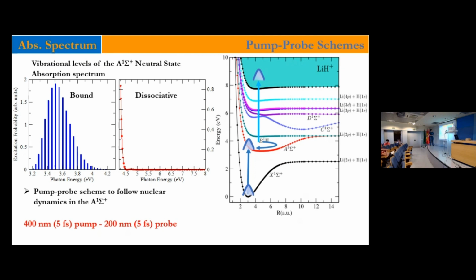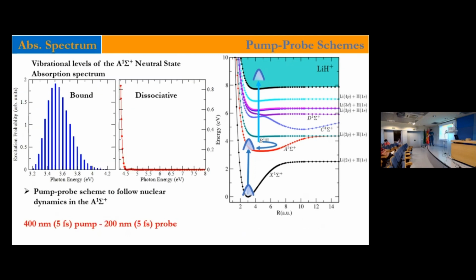So we see that we can effectively excite the A state. We use a 400 nanometer pulse with 5 femtoseconds, which is pretty broad. And then for ionizing, we use a 200 nanometer pulse, which is going to effectively ionize the molecule.